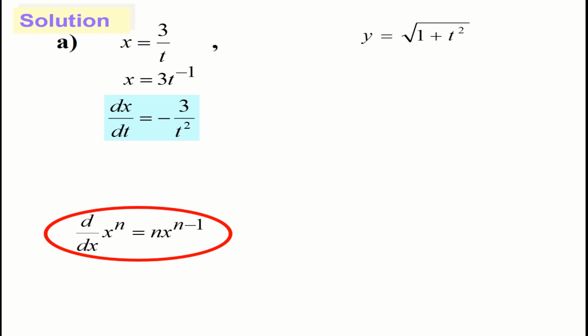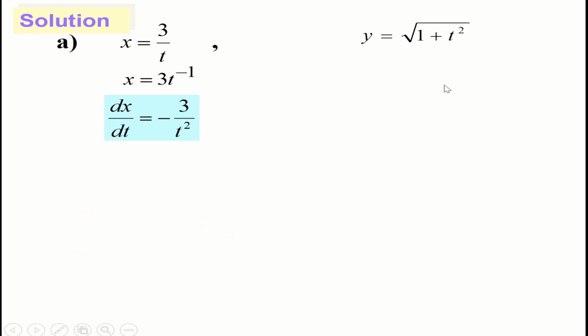Then after that, we find dy over dt. Since y equals square root of 1 plus t squared, we can apply the power rule. To apply the power rule, we change y equals (1 plus t squared) power 1 over 2. First you need to bring the power in front.